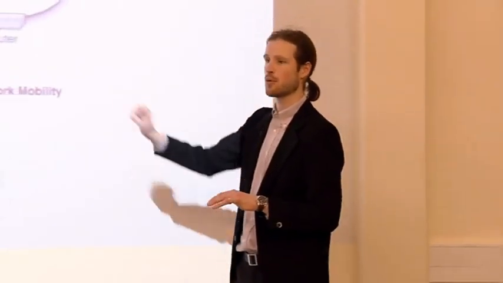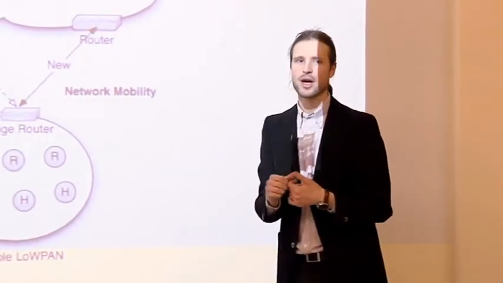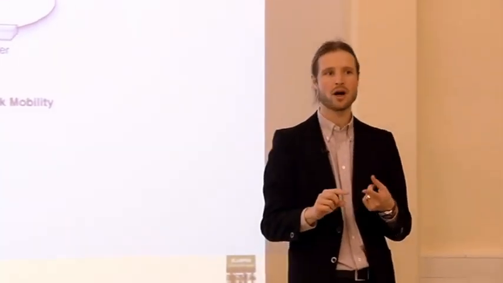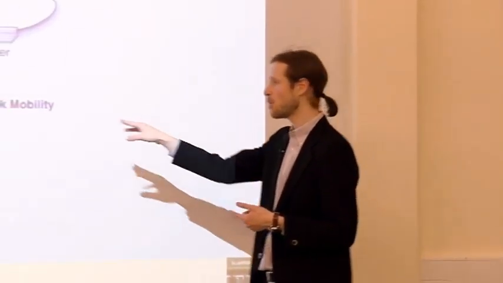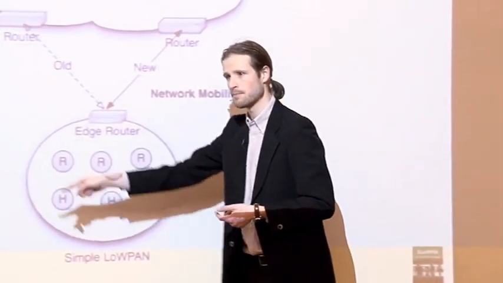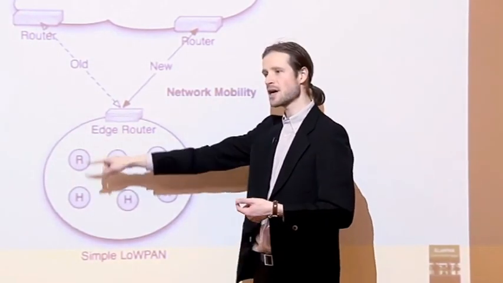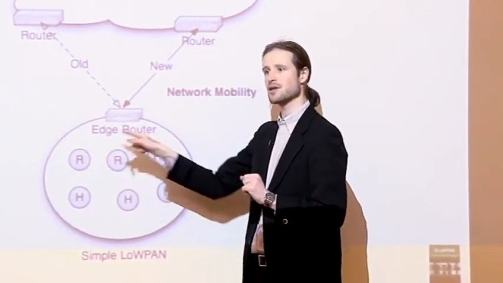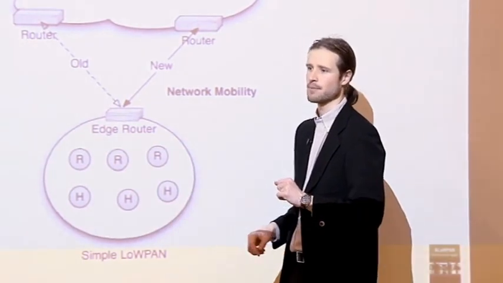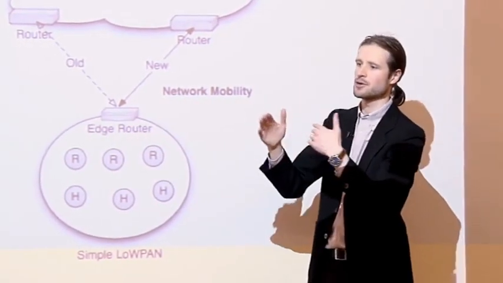But it doesn't help with network mobility. For network mobility, we have another standard from the IETF. It's called NeMo, network mobility. And NeMo allows you to do this. It allows you to do mobile IPv6 for this entire network. So to these guys, it looks like nothing's changed. They see the same IPv6 prefix all the time. This guy handles all the changes for them.